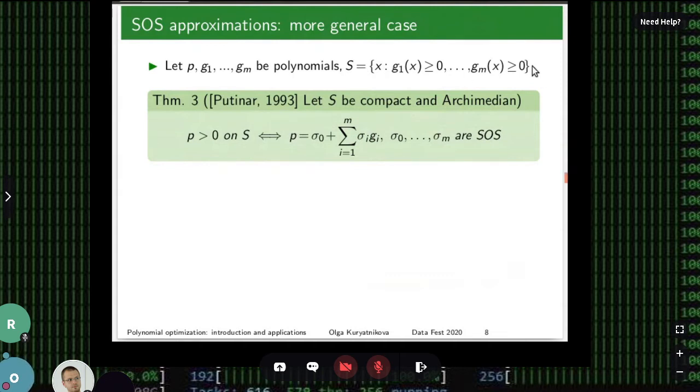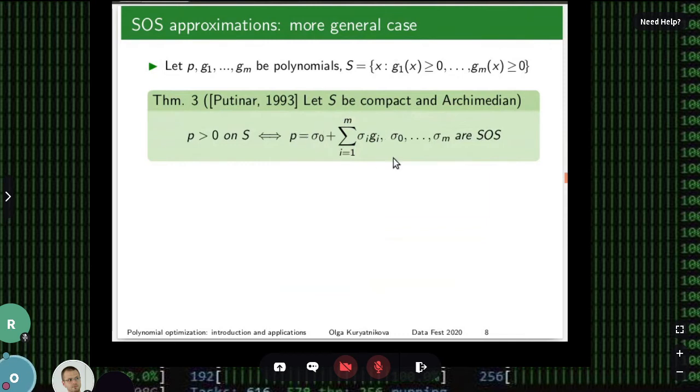And for this set, there exists a very similar result. So if our set is not Rn, but our set is something more complicated, but that we can write it using polynomials, then we can use the following. We can write our non-negative polynomial as some sum of squares plus an additional term. And a sum of squares is, of course, always non-negative.